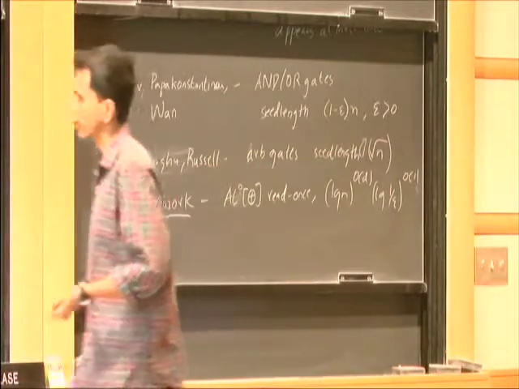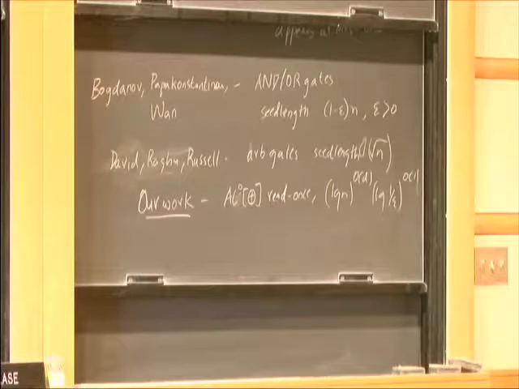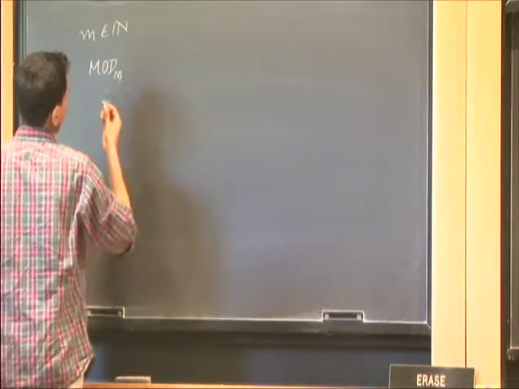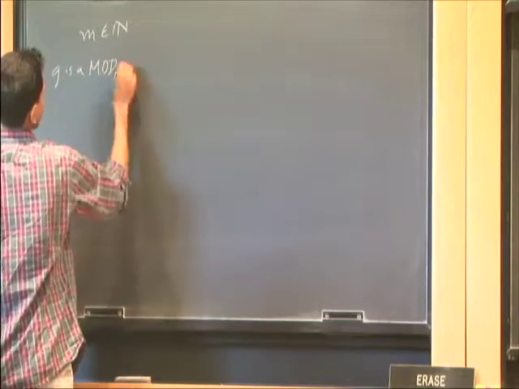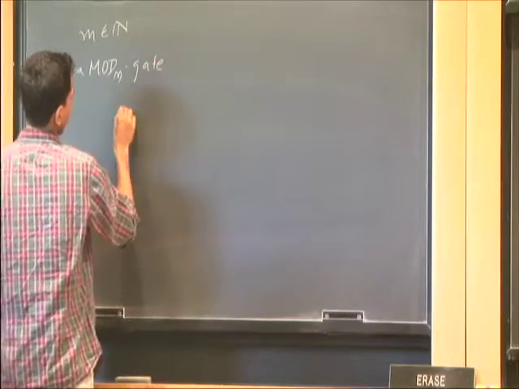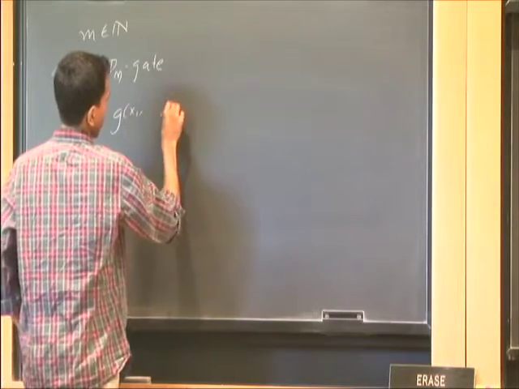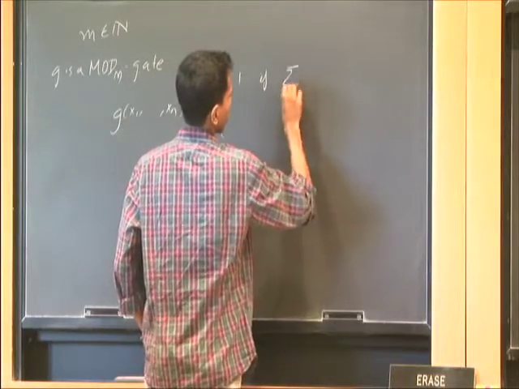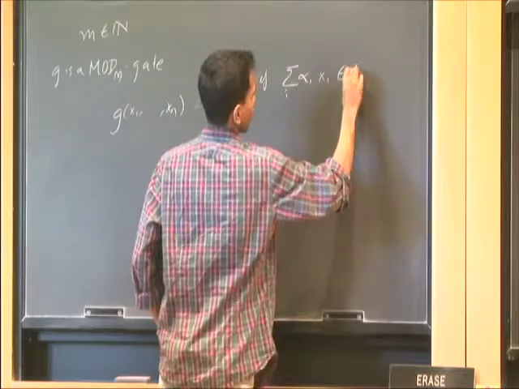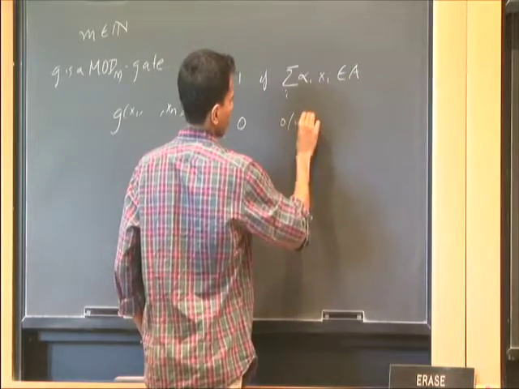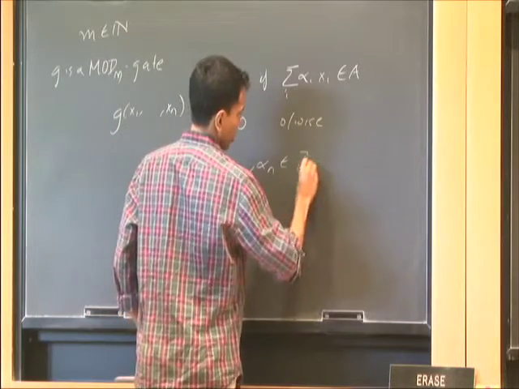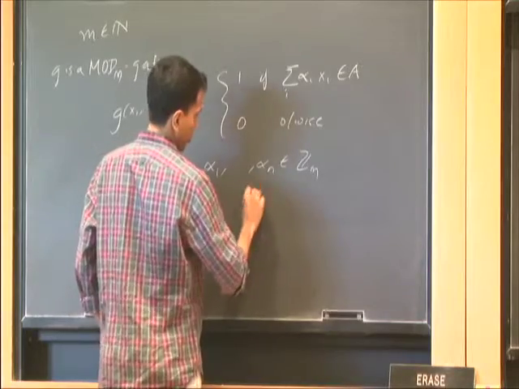So let me just define what that means. In general, if m is some natural number, let's say G is a mod m gate if G of x1 through xn is, say, 1 if the linear combination of the inputs is in A, and 0 otherwise, where alpha 1 through alpha n can be some constants in the ring Zm, and A can be an arbitrary subset of Zm.